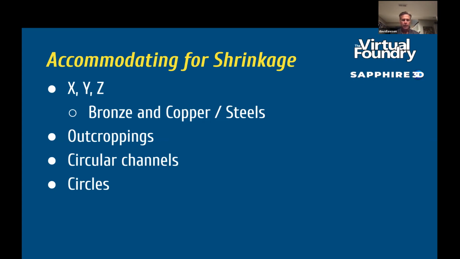Eventually you get to the point where, depending on what's critical in your part, you're getting very close, near net shape. And maybe you just have to do a little bit of sanding or machining to get exactly what you need. But that's kind of been my approach with the XYZ.